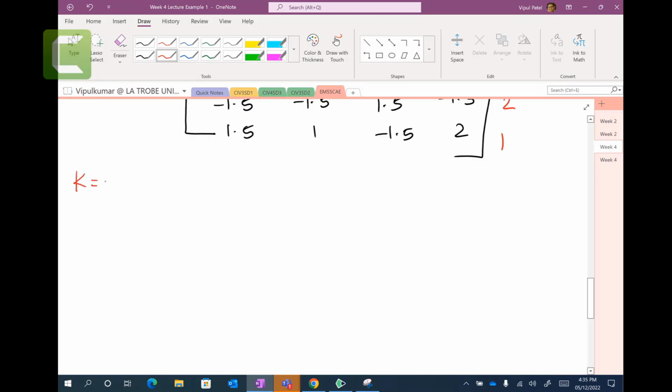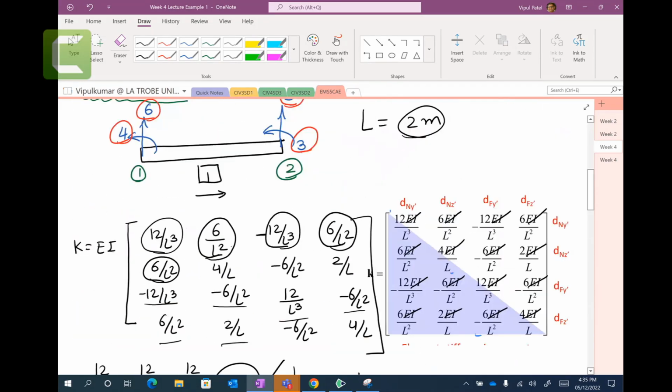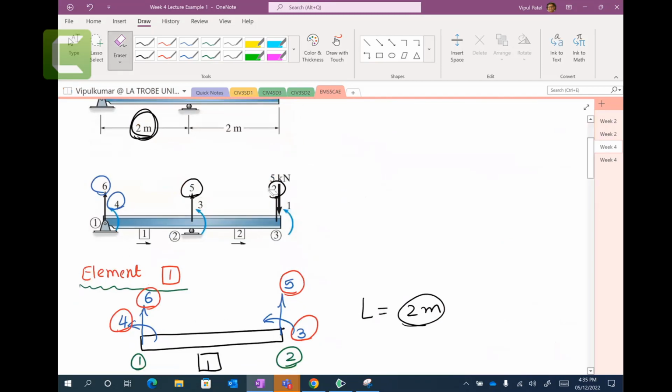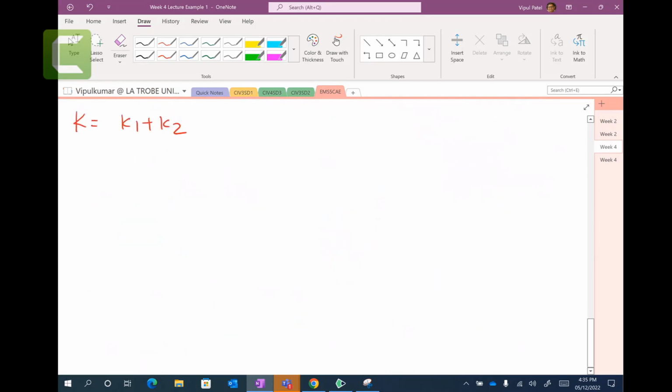Your capital K is equal to K1 plus K2, which is your stiffness matrix. Now, what is the total degree of freedom here? You can see we have a total of 6 degrees of freedom because you have 3 nodes: node number 1, node number 2, node number 3. Maximum number is 3, and 3 times 2 is 6. So we need a 6 by 6 matrix. Capital K, EI is constant.